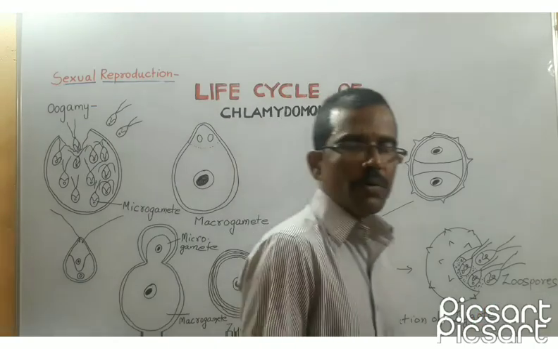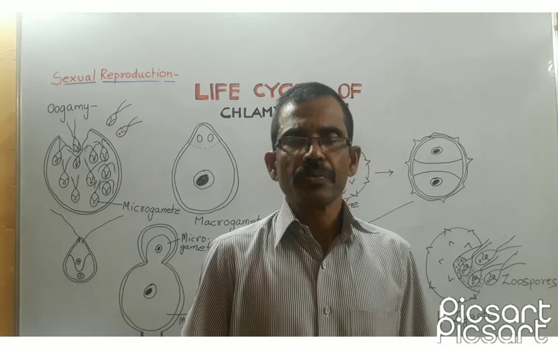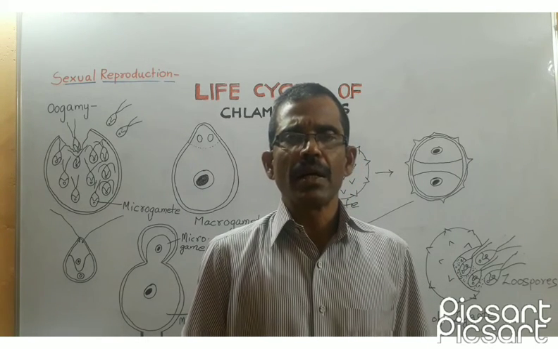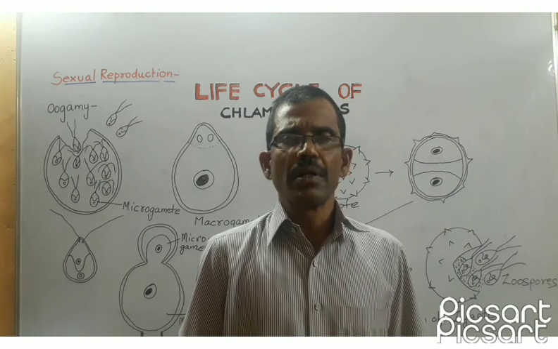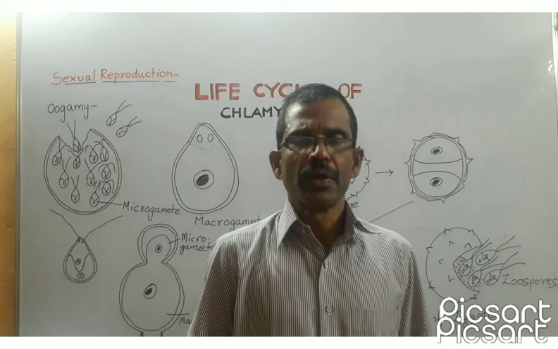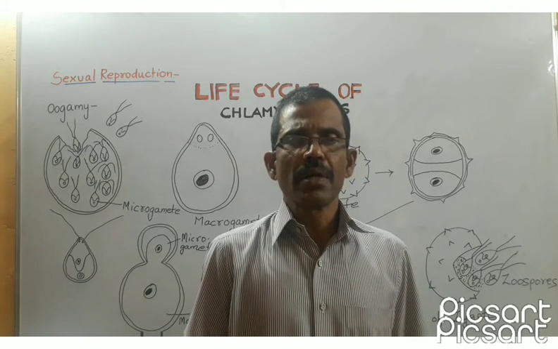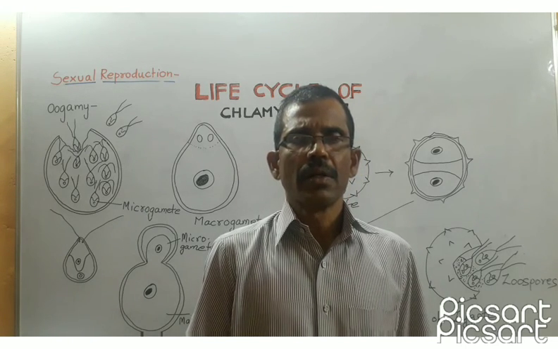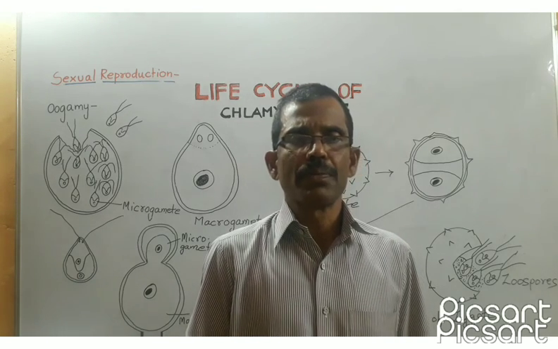This is about sexual reproduction in Chlamydomonas. In the life cycle of Chlamydomonas, the zygote is the only diploid structure. Remaining all are haploid. So the life cycle of Chlamydomonas is an example of haplontic type of life cycle.